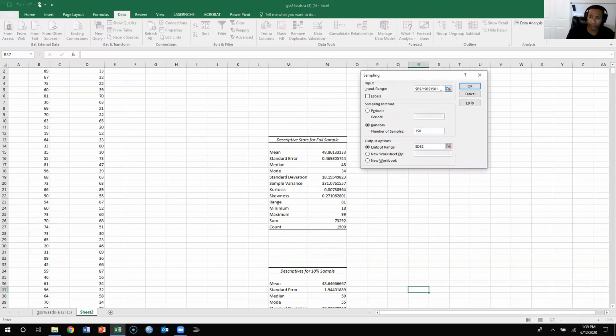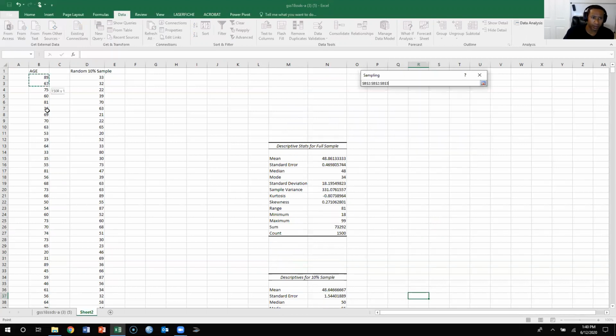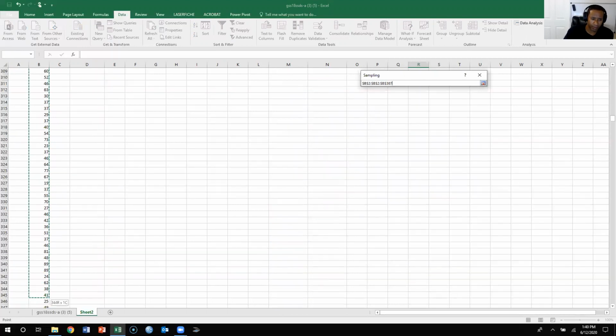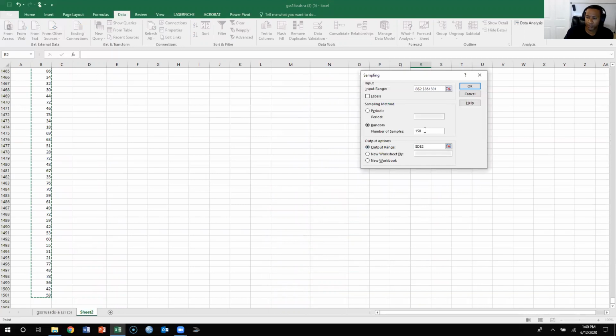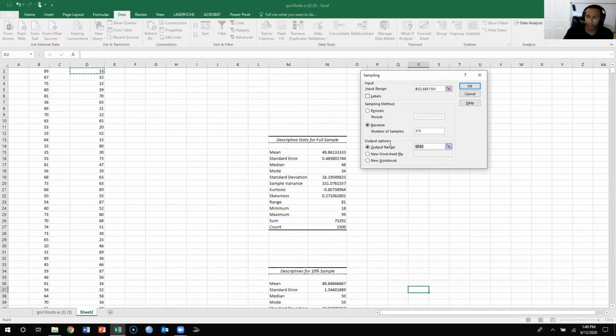I want to get the whole 1,500 respondents, but then I want to sample just 25% of them. So I wouldn't do 150, I would want to do 375. And then for the output range, just say I want to do it over here.